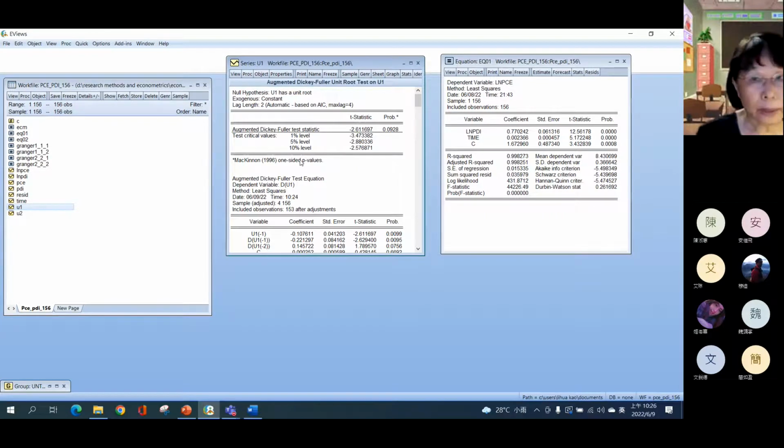So in other words, this linear combination, so to speak, cancels out the stochastic trends in these two series. So we can say that variables LMPCE and LMPDI are co-integrated.